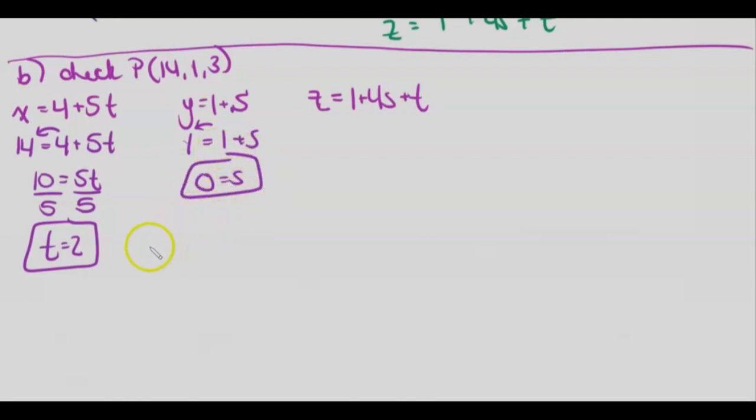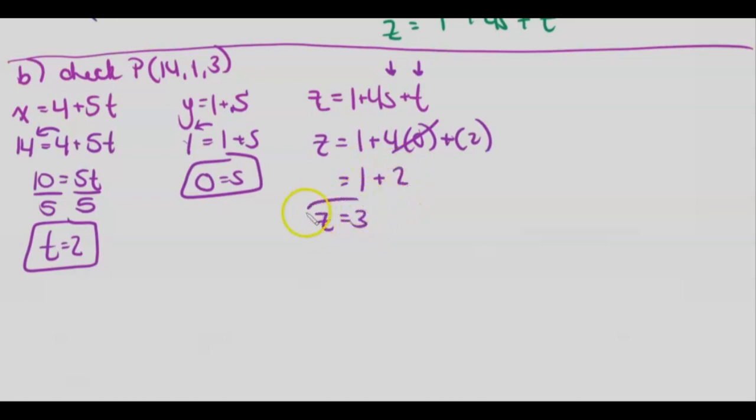Now that I have a t and an s, I want to plug them into here. So z equals 1 plus 4s plus t. 4 times 0 goes away, and we get 1 plus 2, so z equals 3. This part here is our check.